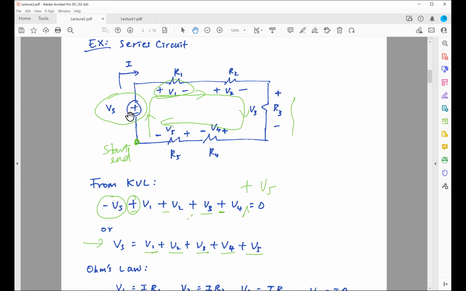So suppose my current is coming out of this voltage source, and it goes to the right through R1, further to the right through R2, down through R3, and then to the left through R4 and R5, and then back to this voltage source. So this is my branch current that goes through each of these elements.